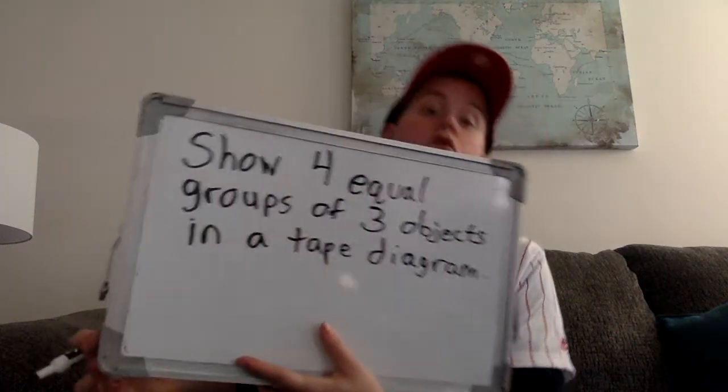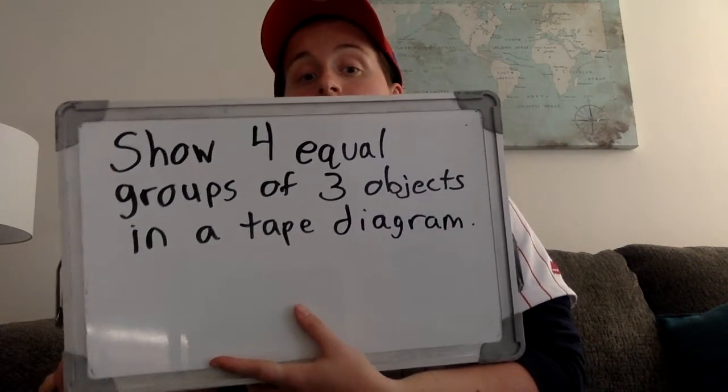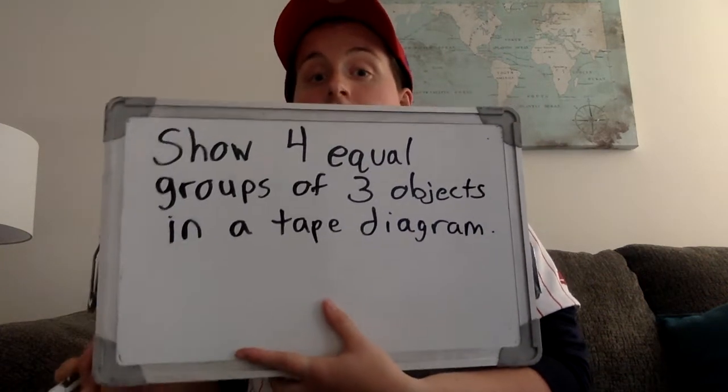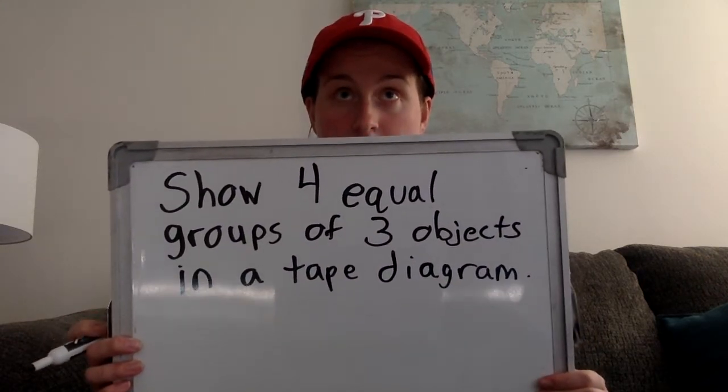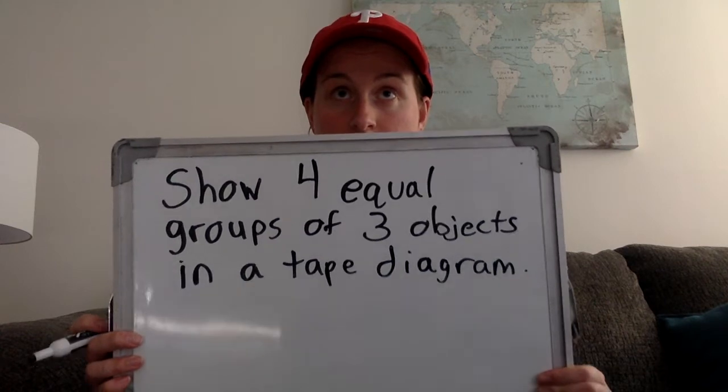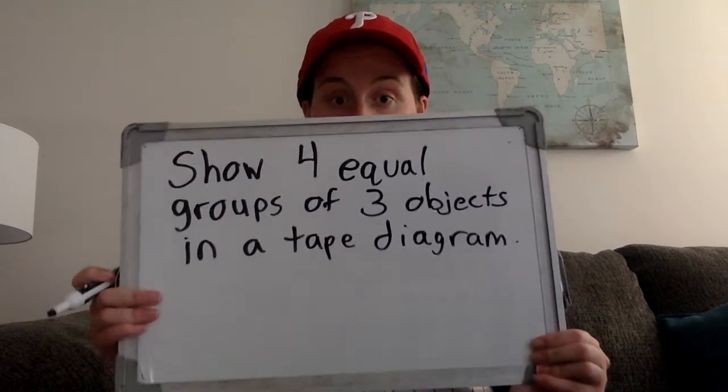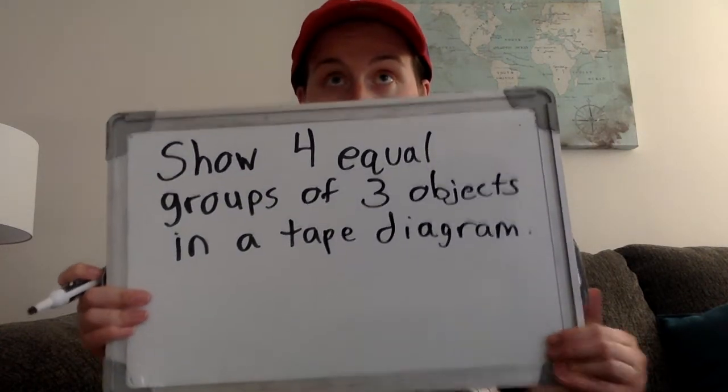All right, show 4 equal groups of 3 objects in a tape diagram. When I say go, pause the video, do the work, hit play to check your work. 3, 2, 1, go.